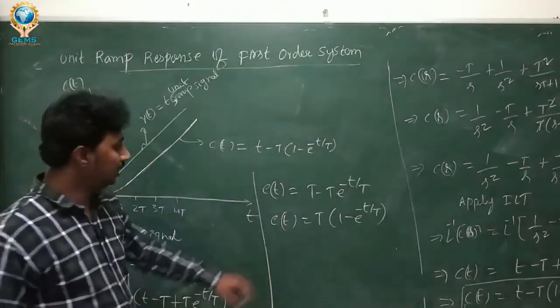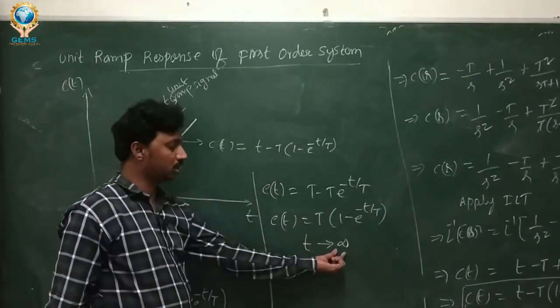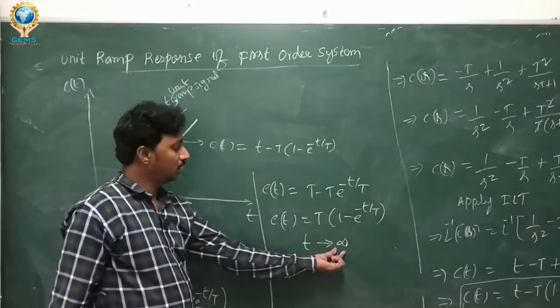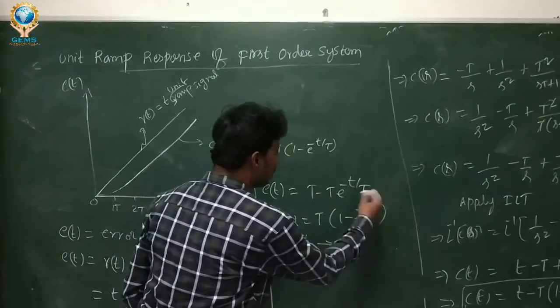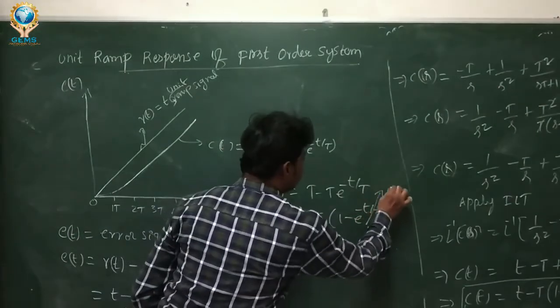When t approaches infinity, this exponential term becomes 0.